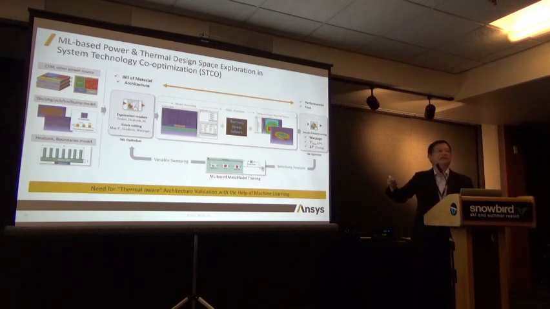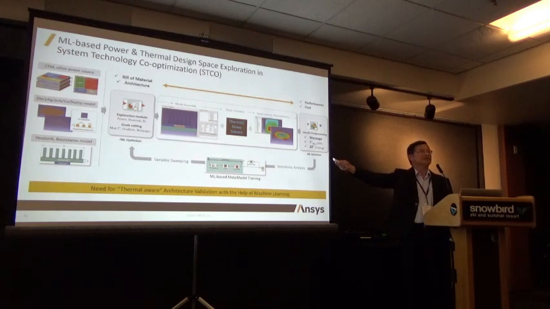So there are many, many input parameters that you can play with, and for the output parameters, dynamic voltage drop is one of my objectives, or peak temperature is another objective, and also maybe stress, or thermal-aware timing is another parameter.